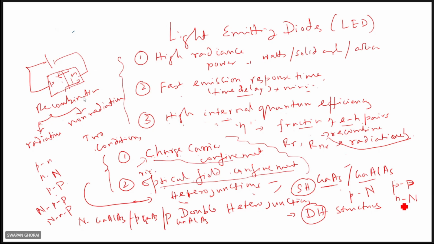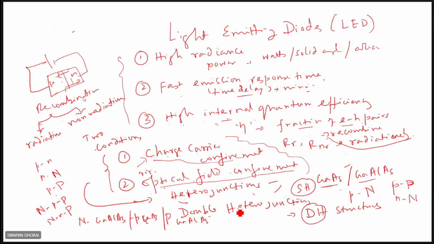Even if you consider the same type of semiconductor materials, both N-types but of different band gaps, you have different possible combinations. Particularly, consider double heterojunctions. Now, the question is why double heterojunctions? Why not a single heterojunction?